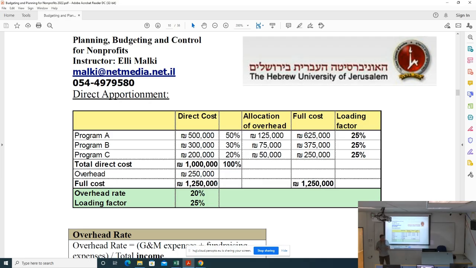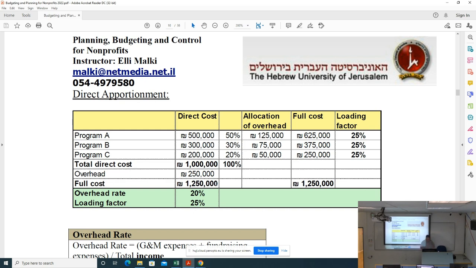So this is basically the direct apportionment method, and the reason that I present it first is that this calculation may look simple or may not look simple, but there is a simpler way to make this apportionment or this loading of fixed costs that makes the system very, very attractive.